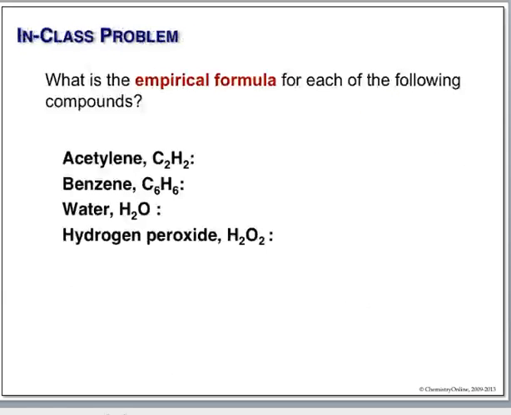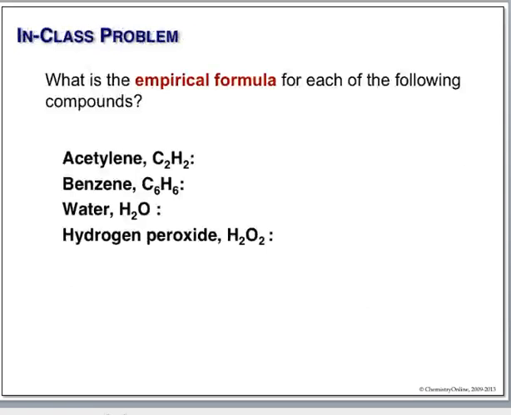Look at these guys and quickly just jot down their empirical formula. Acetylene. This is the stuff you burn in torches if you want to do big time welding. 2 carbons, 2 hydrogens.